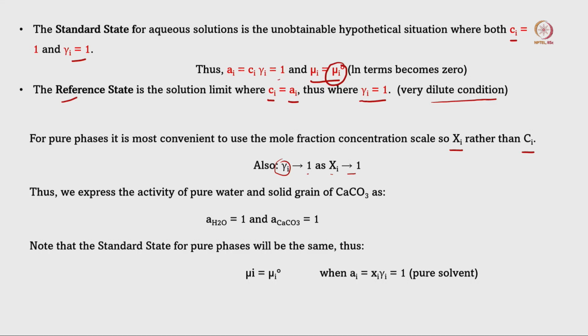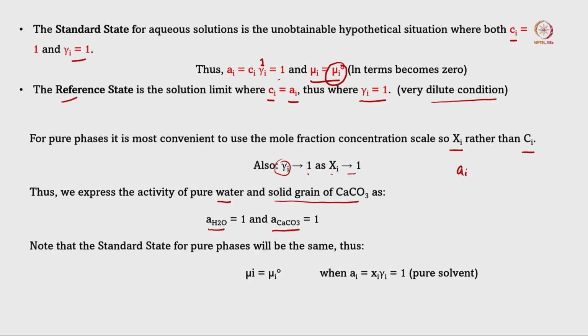Thus, when we are using pure phases such as pure water or a solid grain of pure calcium carbonate, the activity of water is equal to 1, the activity of calcium carbonate is equal to 1. Because gamma is tending towards 1, and here we have replaced Ci with Xi.